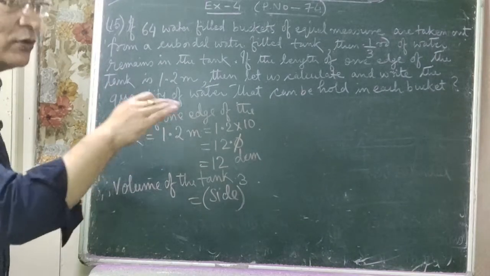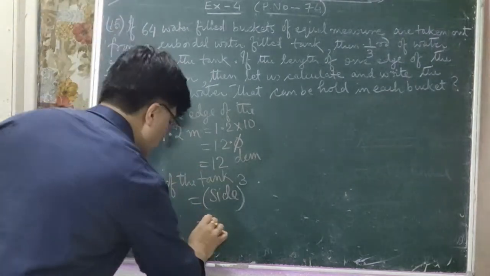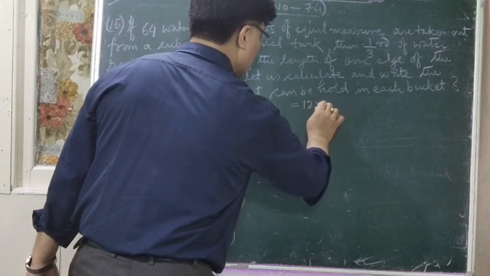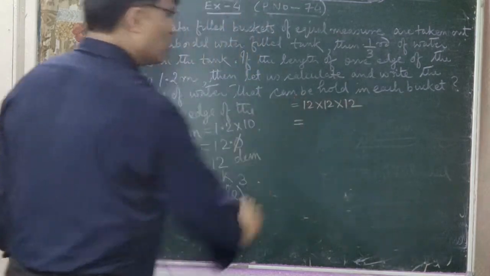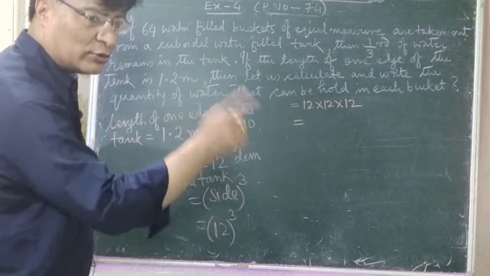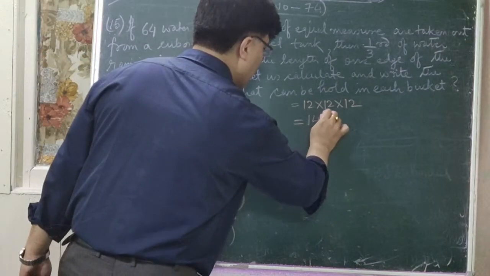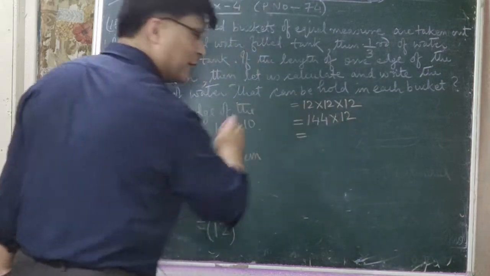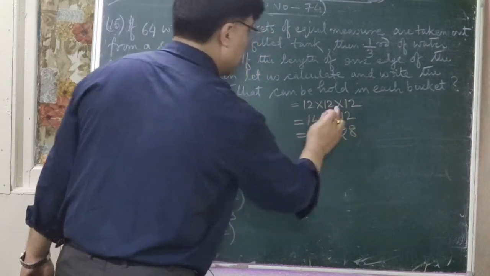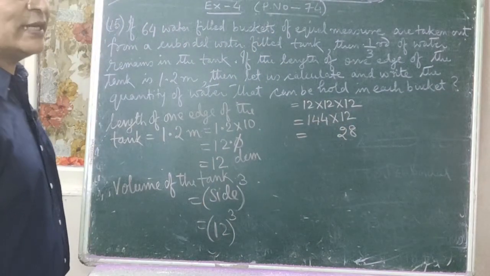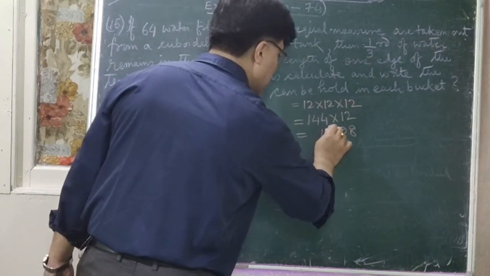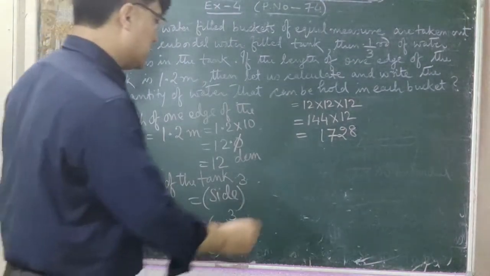Which is equal to 12 whole cube, which is equal to 12 into 12 into 12. 12 whole cube means 12 into 12 into 12. 12 12s are 144, into 12. Now multiply by 12 again. 12 4s are 48, 8 and carry 4. 12 4s are 48 plus 4 is 52, 2 and carry 5. 12 1s are 12 plus 5 is 17. That is 1728 cubic decimeter.